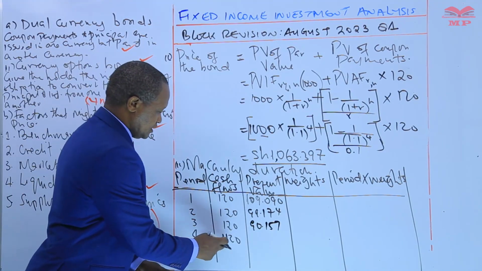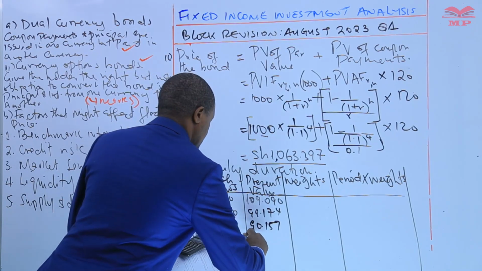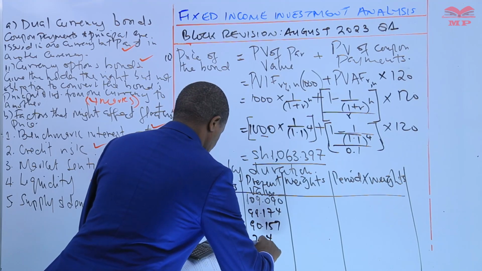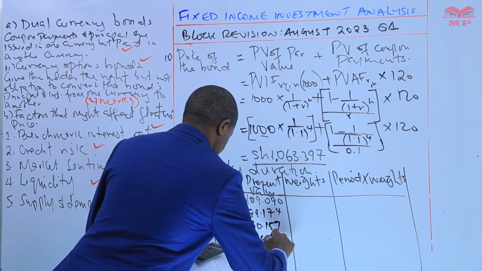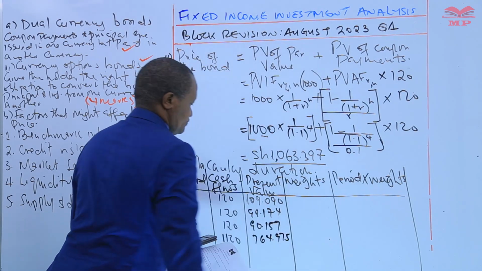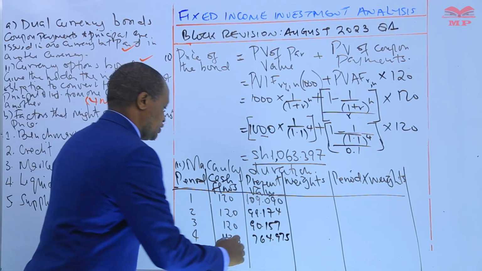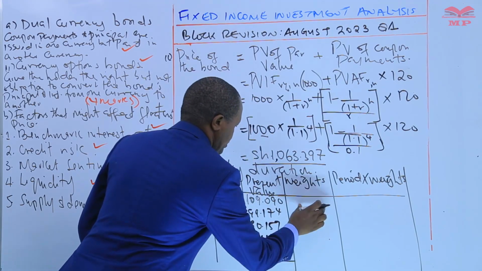Next, I have the 1120, 764.975. So you get the total here to allow us have the weights.